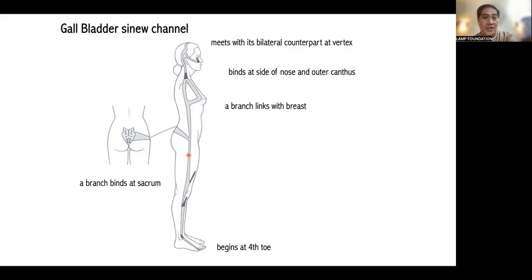One of its sub-branches travels anteriorly, joining the thigh above stomach 32. Another sub-branch travels posteriorly and joins with the sacrum. Okay? So the main channel, very easy to remember, proceeds upwards across the ribs and anterior to the axilla, connecting first in the breast region, and then above the collarbone.